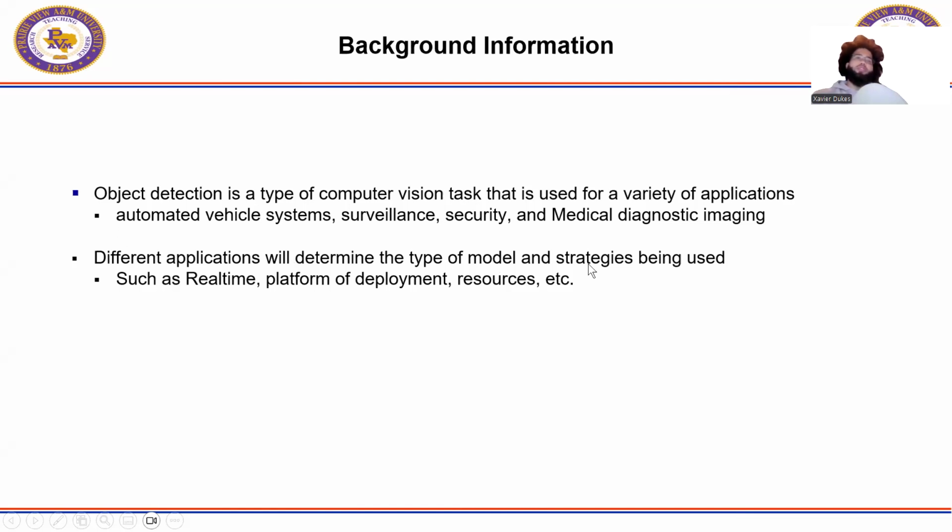Different applications will determine the type of model and strategy being used. So in a security system, you probably need real time, low latency, versus something like an insurance claim that may not need to be as fast, but more detail oriented. So you would use a larger model that has slower inferencing speed, but maybe delivers a higher degree of results, or higher certainty.